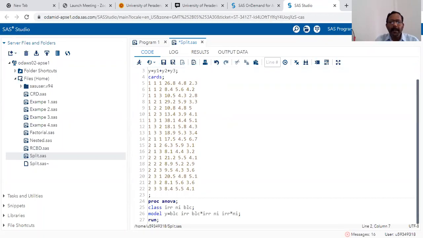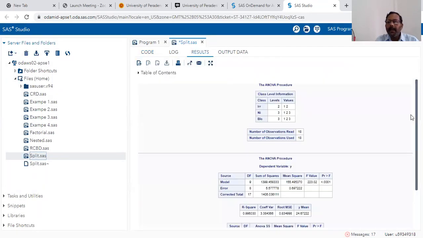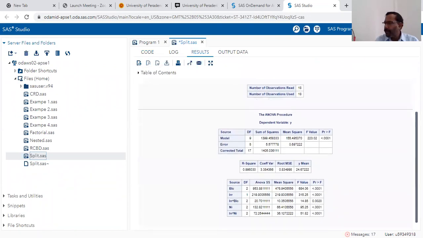For example, I just did this. I'm going to run this and see. You see now the results are giving for y, not for yield. Y, where it has added all the y1, y2, y3 as an example.